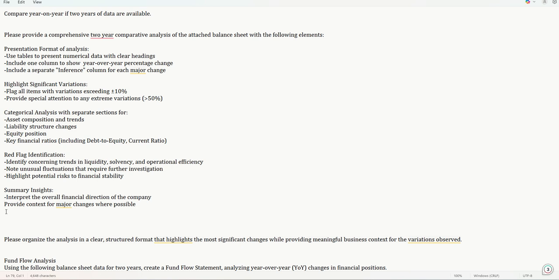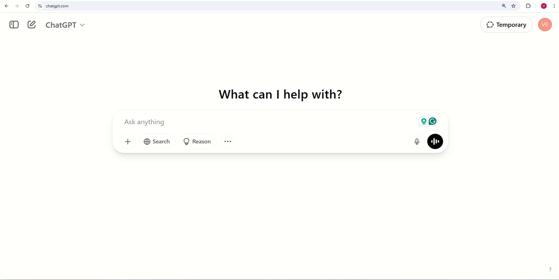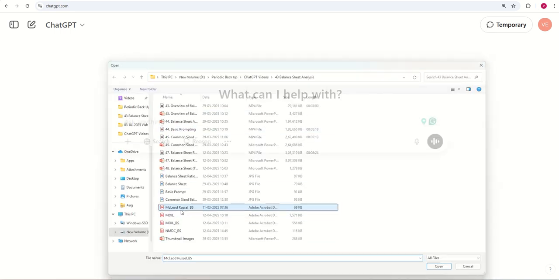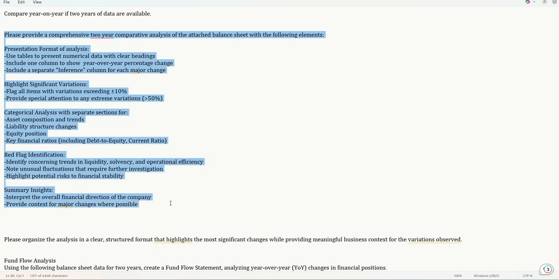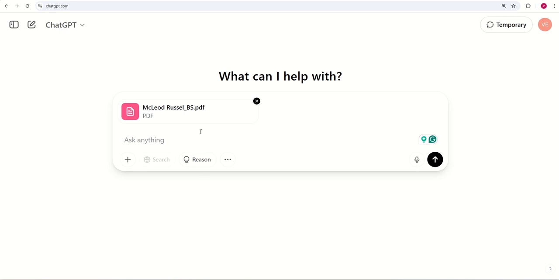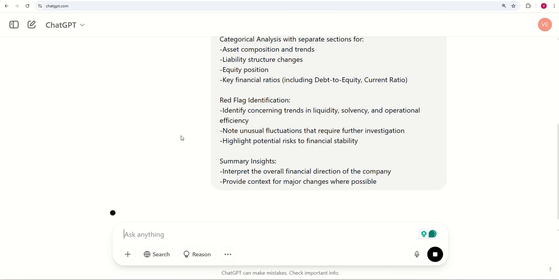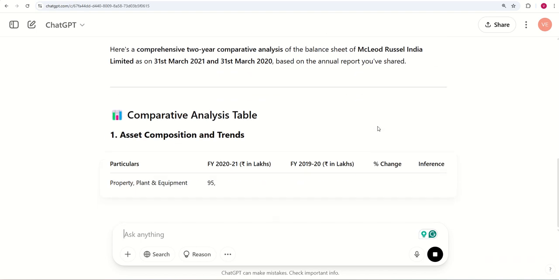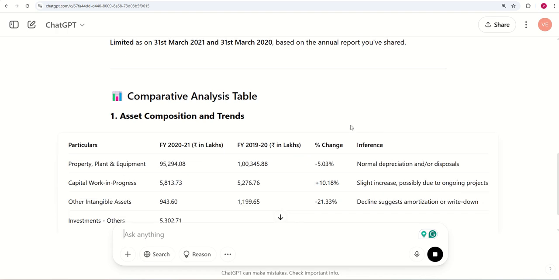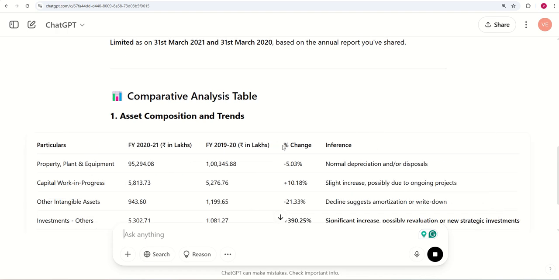The first one is McLeod. McLeod has a balance sheet, and here goes the prompt. So you can see the percentage changes in one of the columns and inferences.